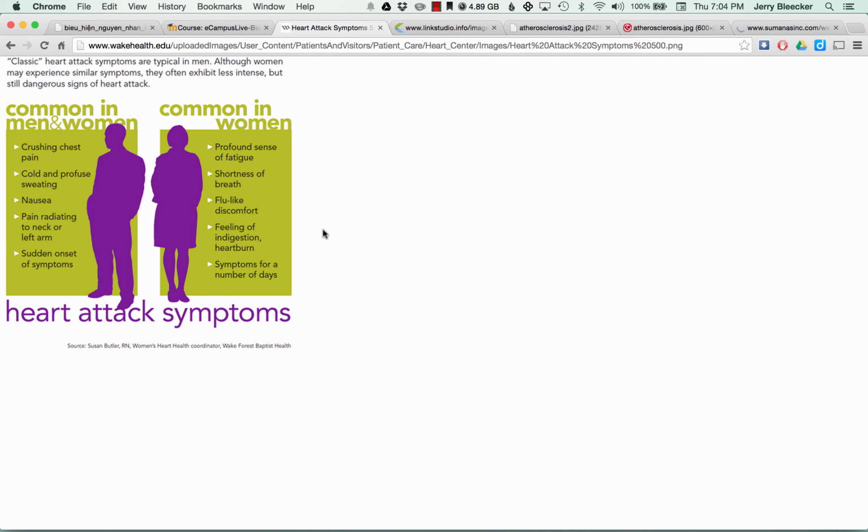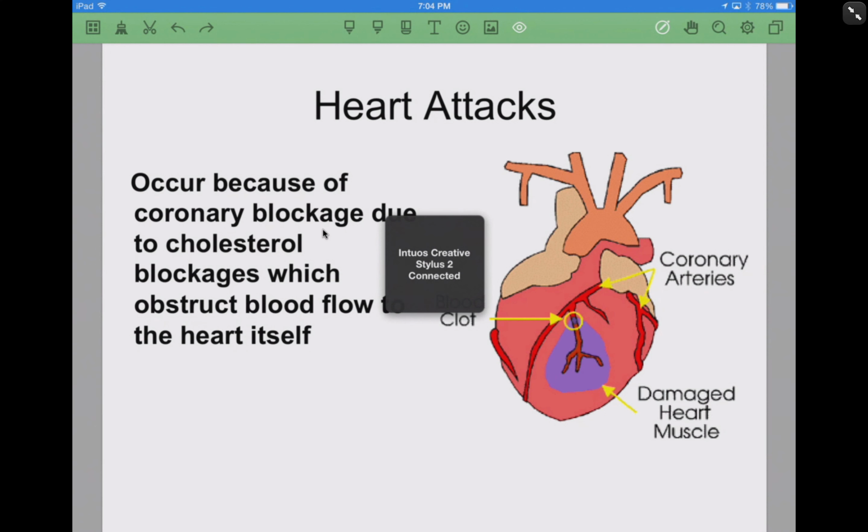Now, in a heart attack, what's really occurring, actually, let's take a gander at what's going on in the heart. So I'll go to the notes for now. There we go. And we'll talk about the coronary blood system. The heart has its own blood vessels.